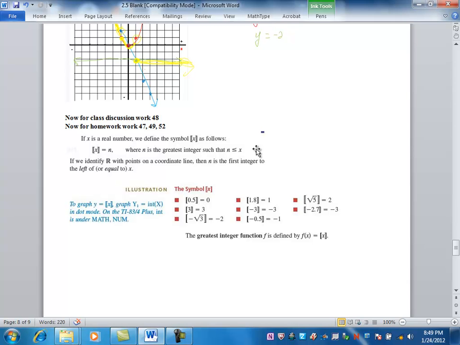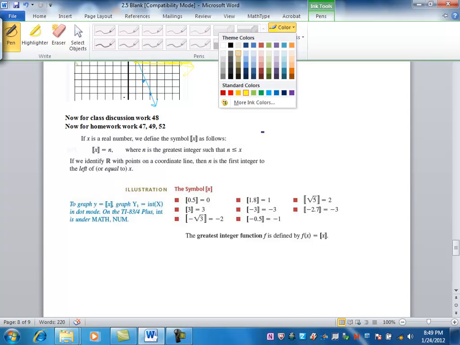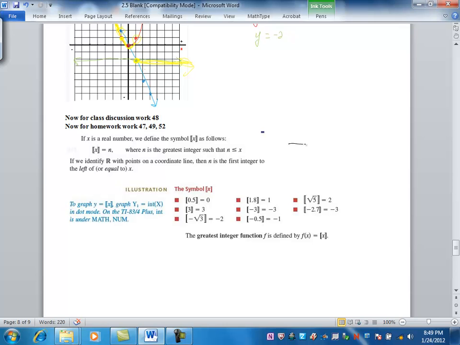The number line here, let's go back and get my black ink. Here we go. Here's 0, 1, 2, negative 1, negative 2. So if I have the greatest integer, let's say, of 0.7, now here's 0.7 on a number line right here.